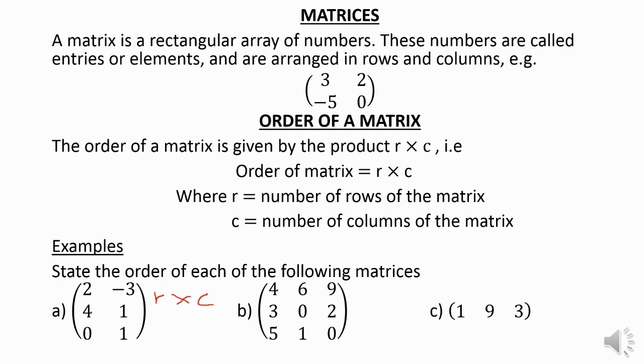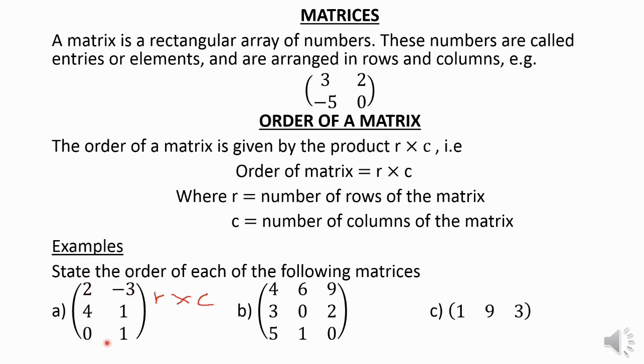Now if we go back to this first matrix, how many rows does it have? 1, 2, 3. So it has 3 rows, and how many columns? If you count the number of columns here, you'll find that it has 1, 2.